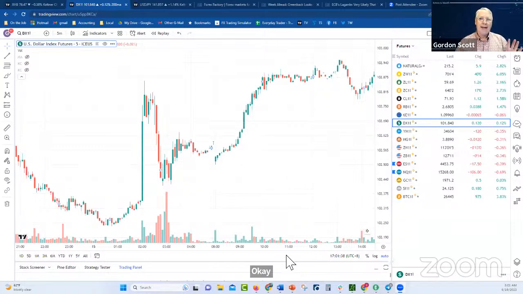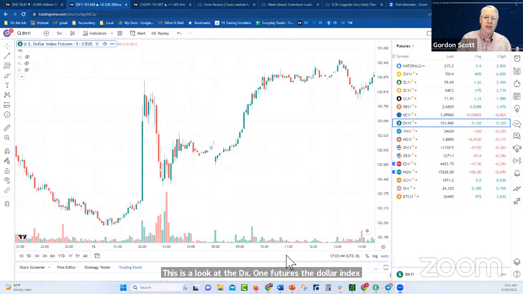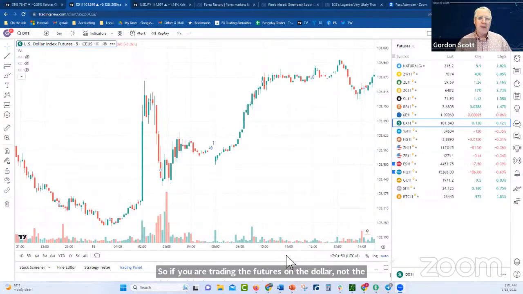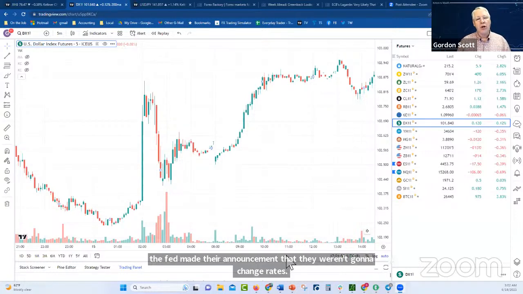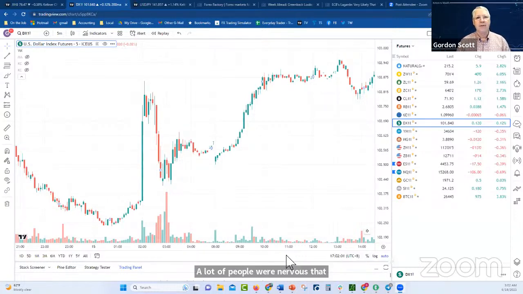This is a look at the DX1 futures, the dollar index. So if you're trading the futures on the dollar, not the Euro USD or something like that, just the dollar futures, then this is what happened when the Fed made their announcement that they weren't going to change rates. A lot of people were nervous that the US Federal Reserve might actually continue raising rates by a quarter of a point.